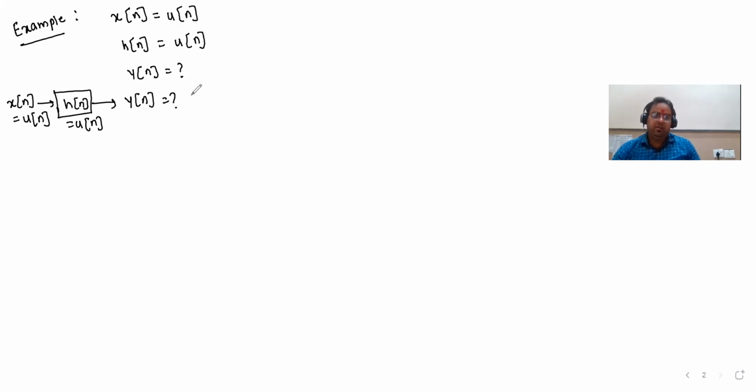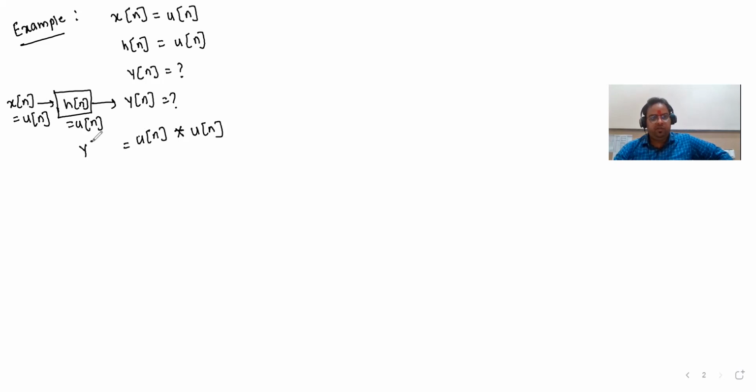We'll see what the value of y of n will be. As we know, in a linear shift invariant system, we have to perform the convolution between the input and the impulse response. So we have to do the convolution between u of n and u of n.